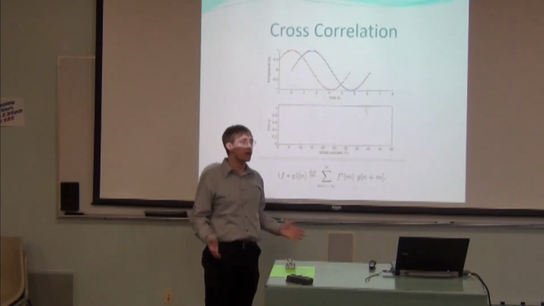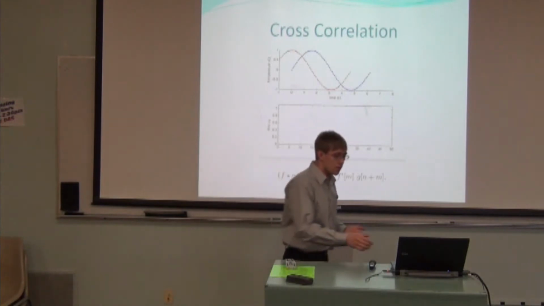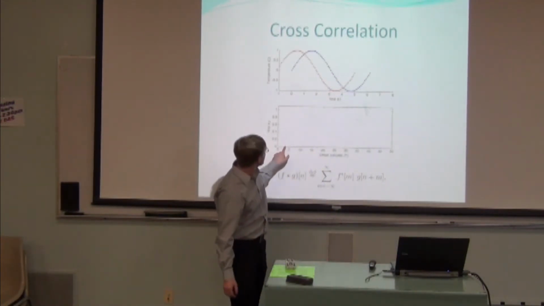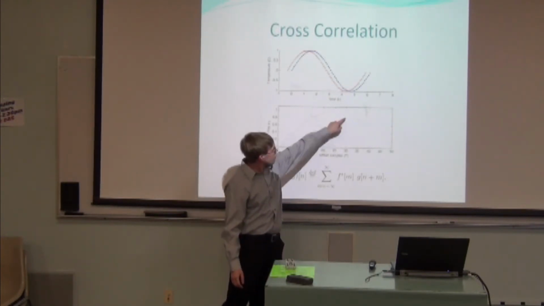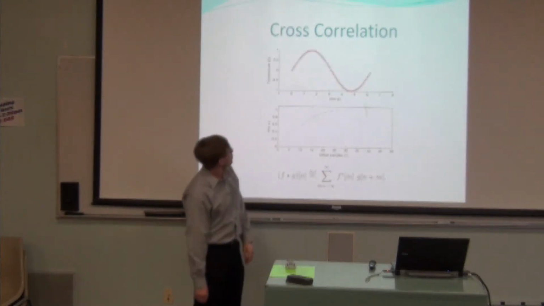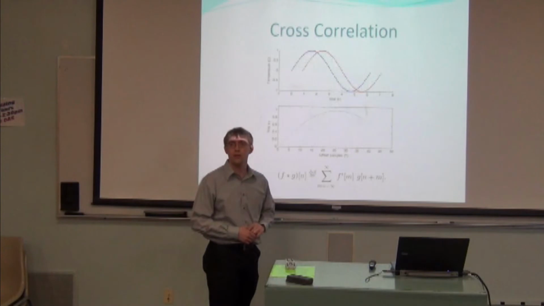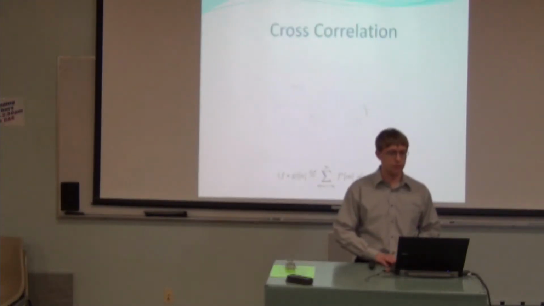If they're completely out of sync with each other, you'll have a correlation coefficient of 0. So you can watch how the graph changes. It's hard to see, but you can see how the line moves up to the top and then goes back down to 0 as it moves across. So this is our main analytical technique for getting information about the sky.